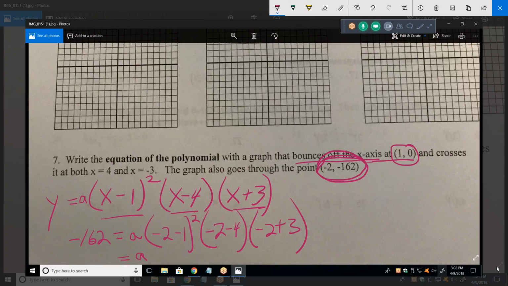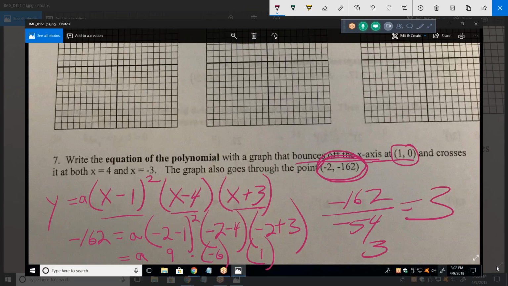We got, let's see, that's minus 3 squared, which is 9. That's minus 6. And that is 1. So we really have minus 162 divided by minus 54, which is exactly 3.